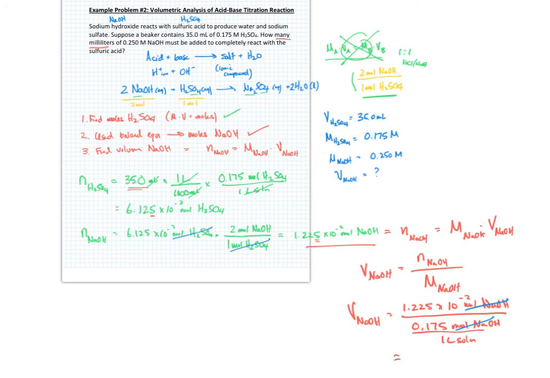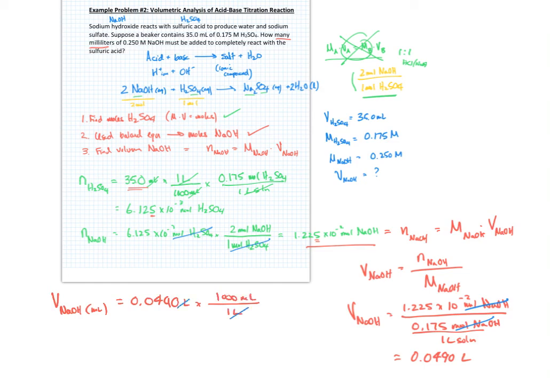This is going to equal 0.0490 liters. But my problem was actually asking for milliliters. How many milliliters? So I need to convert that. So volume NaOH in milliliters is going to equal 0.0490 liters times 1,000 milliliters for every 1 liter.